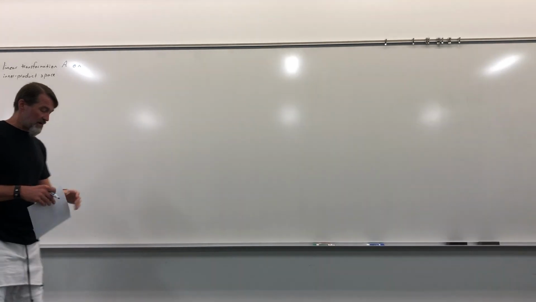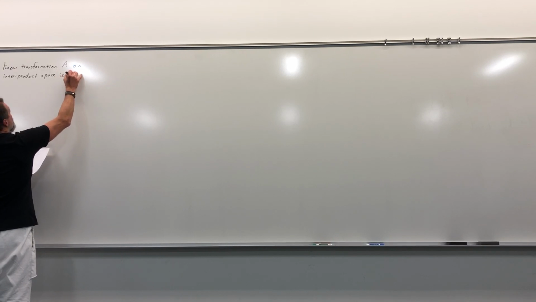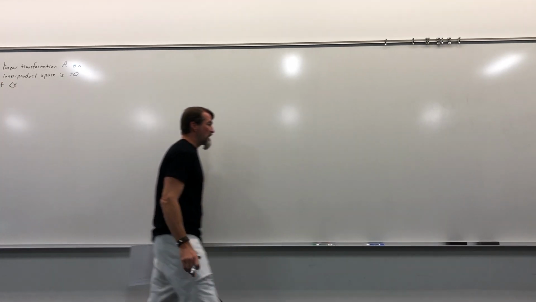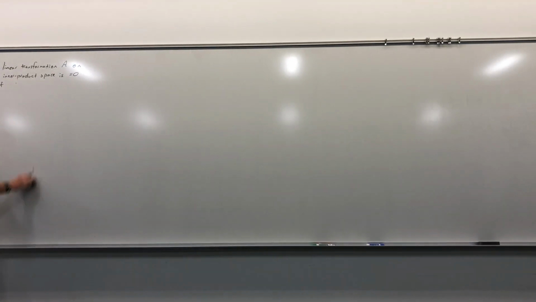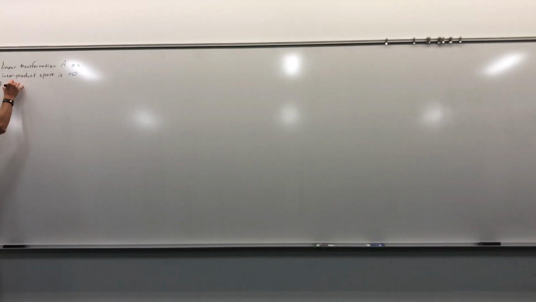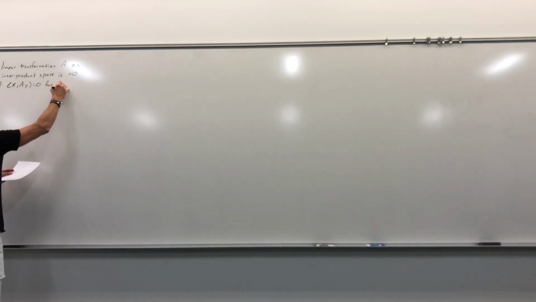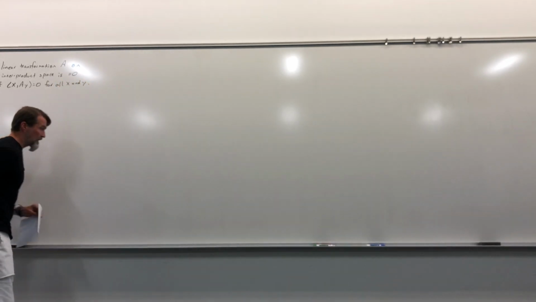It can be any of these inner products. A is equal to 0 if and only if the inner product of x and Ay equals 0 for all x and y. Okay? I'm using smooth brackets, not these angled things, so sorry about that.